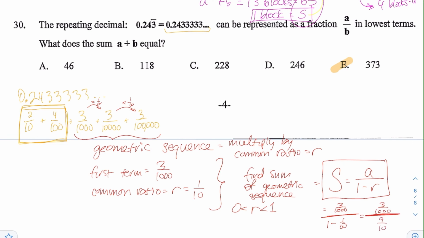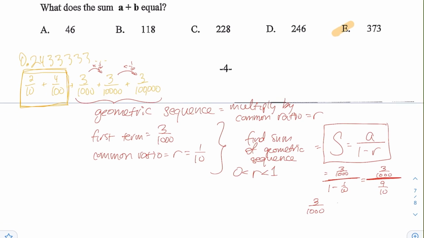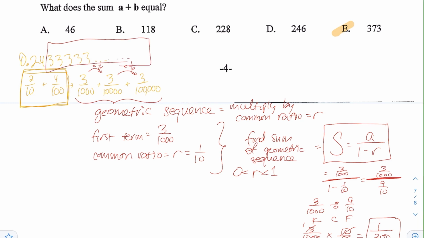From here you can do a keep change flip: 3 over 1,000 times 10 over 9. Here the 0 and the 3's will cancel out, and that will give you 1 over 300. So this will be the sum of all these 3's onto infinity. It'll be a converging sum, and it'll converge to 1 over 300.